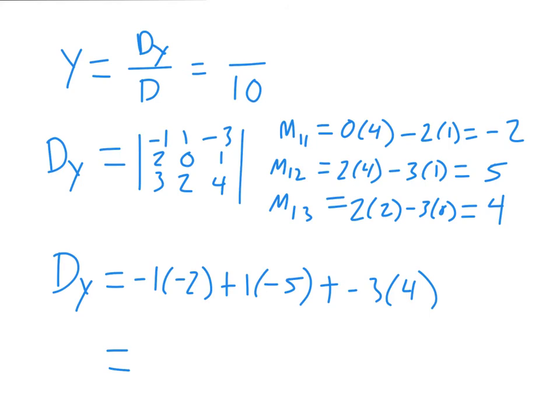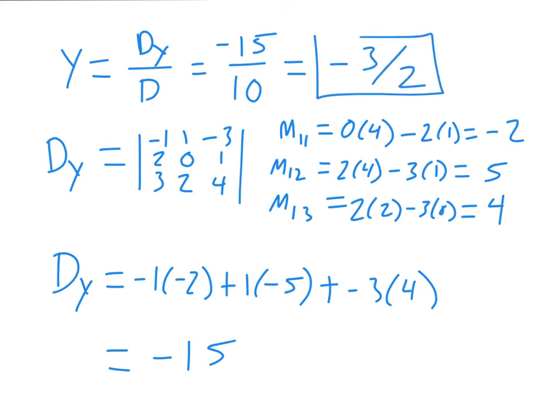We have negative 2 minus 5, which would be negative 7. Excuse me, 2 minus 5, which would be negative 3, minus 12 more, which would be negative 15. That would reduce to negative 3 over 2, and there's y.